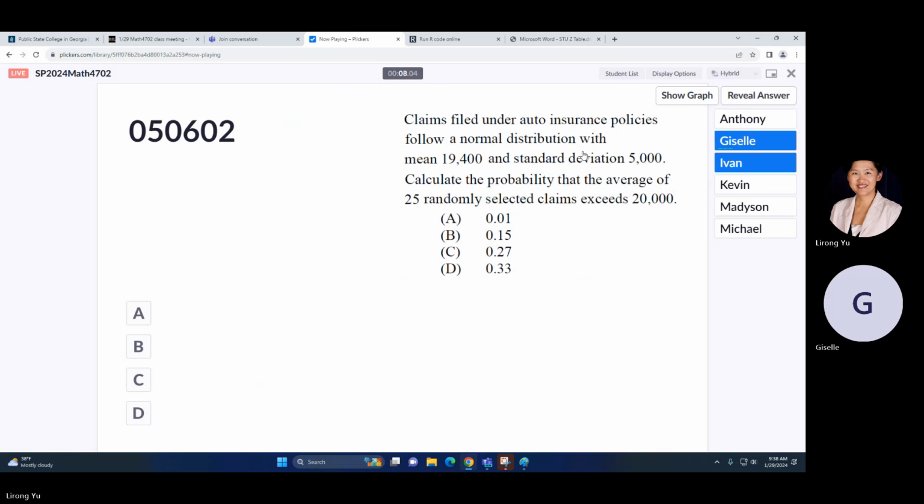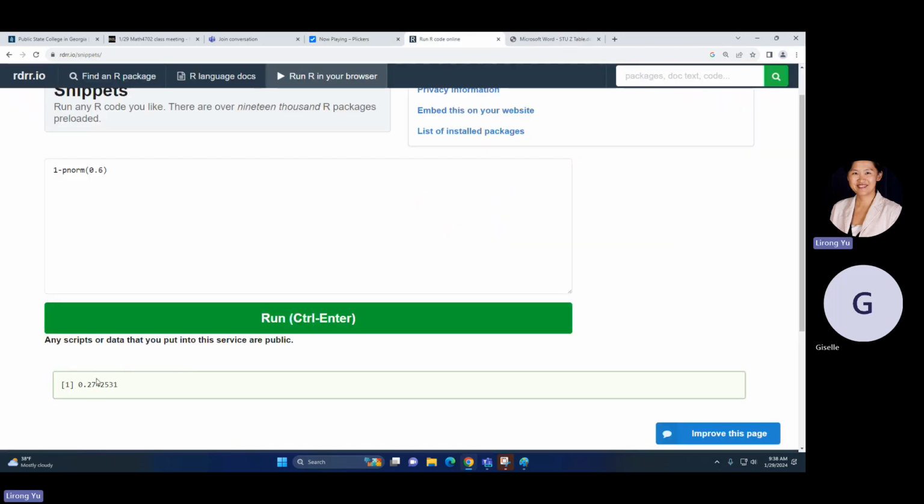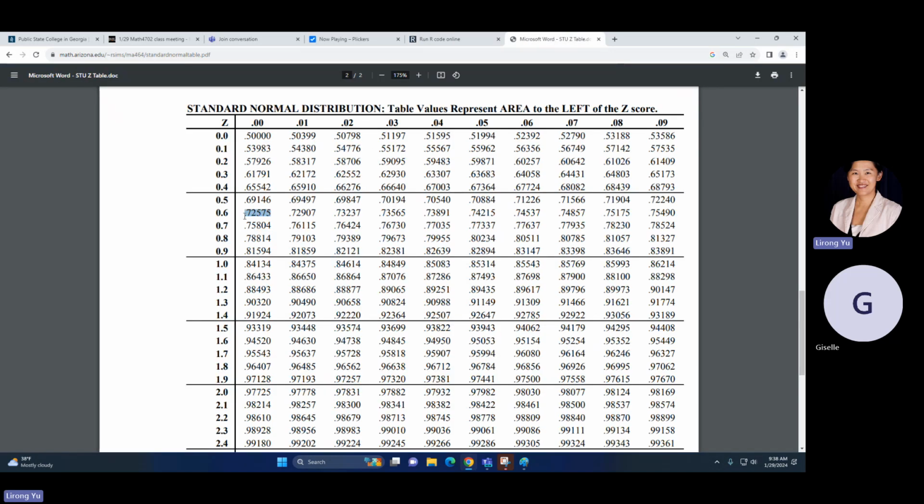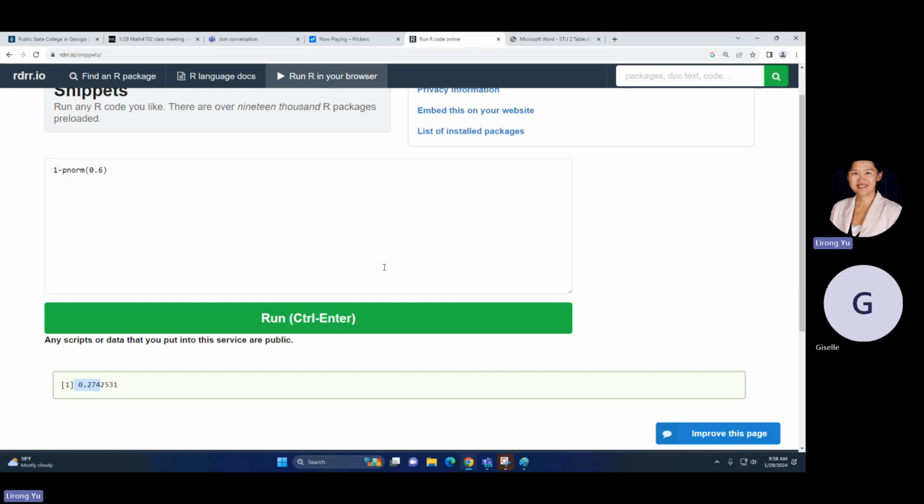Let's see. So the answer is 0.27, as we had over here. So 0.27, or you can use 1 minus 0.275. So the same answer with the table or with the computer.